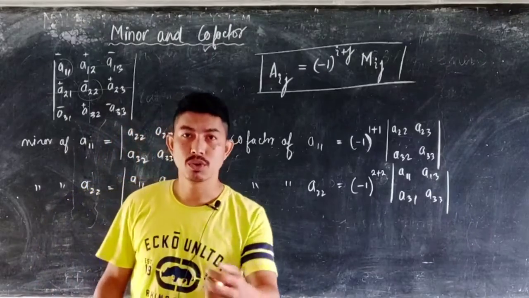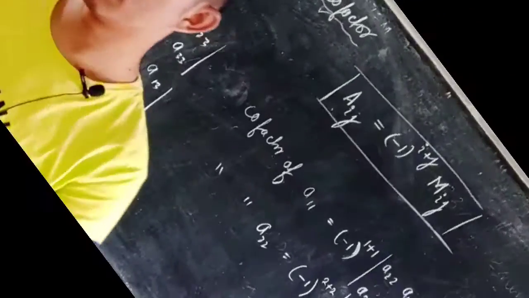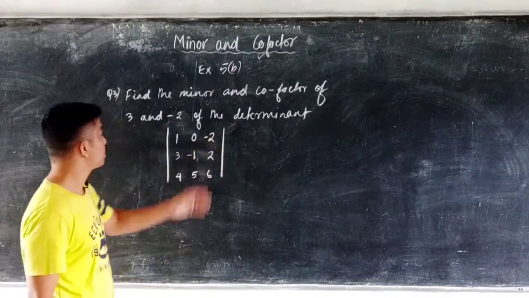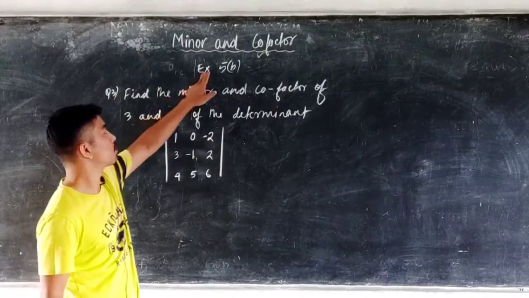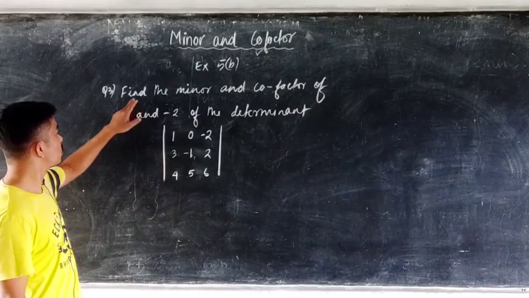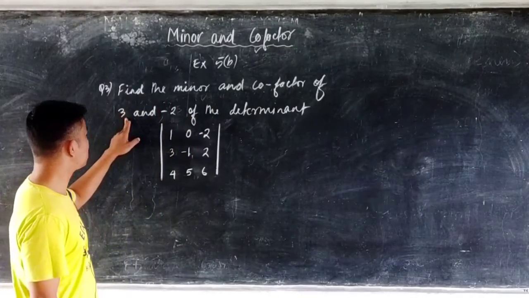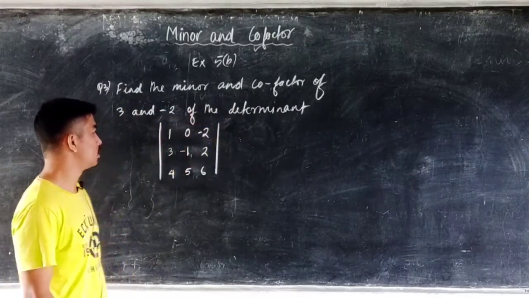We will try to understand this with the help of one question from your book. Here I have taken question number 3 from exercise 5B of your mathematics textbook. The question tells us to find the minor and the cofactor of the elements 3 and minus 2 of the given determinant.